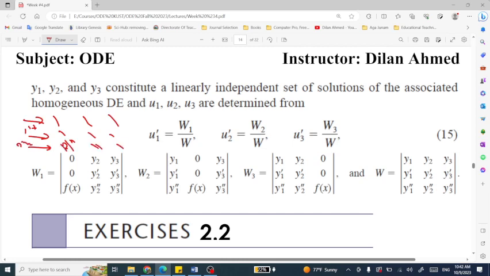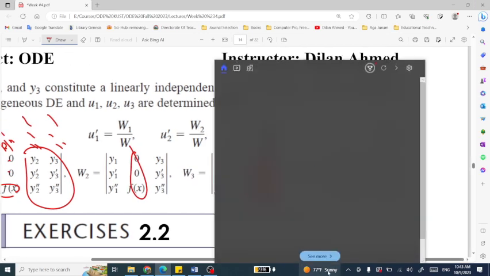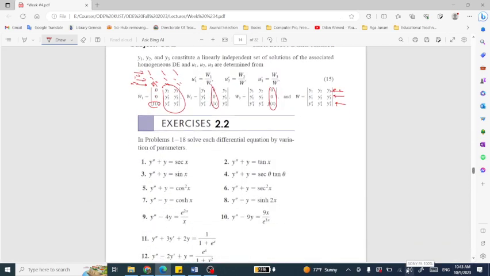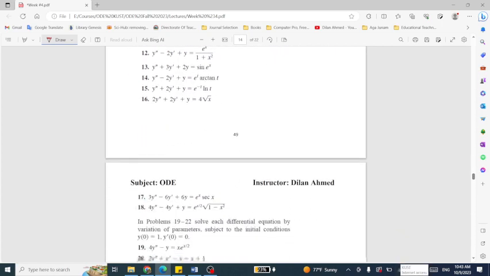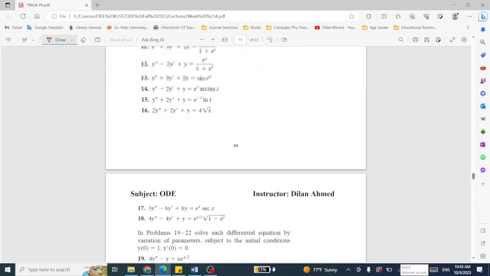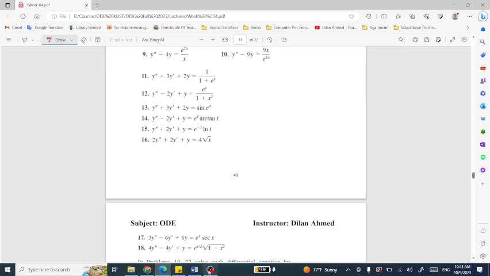Now how about W1? We change it to 0, 0, F. The others remain. How about W2? How about W3? You can see from here the functions, the first derivative and the second derivative, and how to find W. Maybe in the exercise you have it, I'm not sure. But generally try to solve those examples that we mentioned. Is that clear, dears? Any questions?